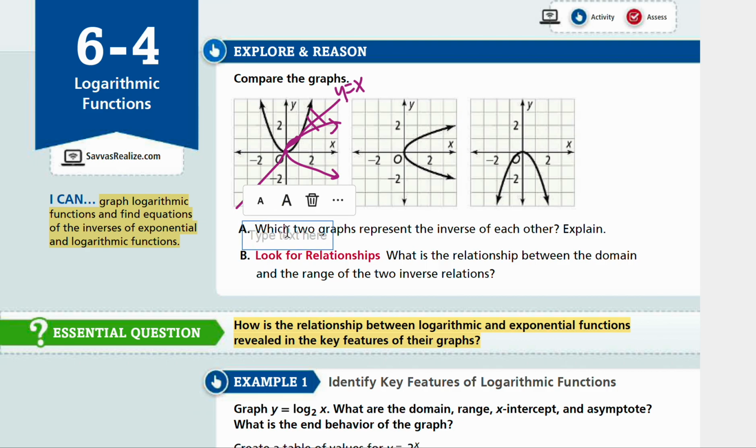So let's record our responses. The two graphs on the left are inverses of each other. Explain. I'm going to move to a bigger space here.